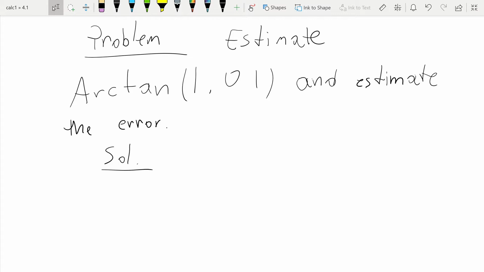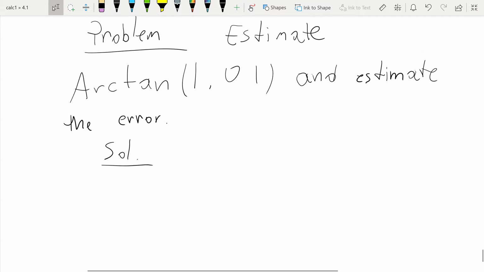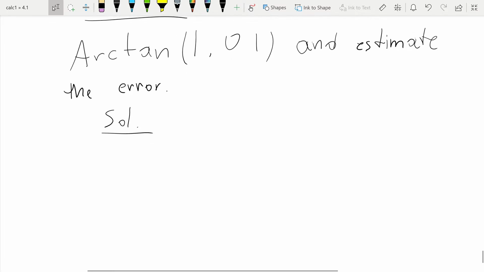Okay, so for the solution, we're going to be very detailed. Start by identifying things.